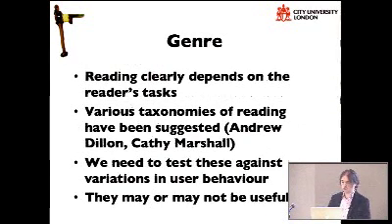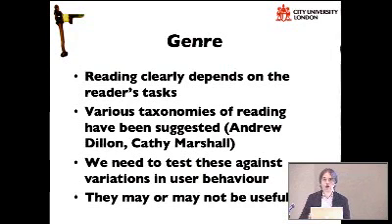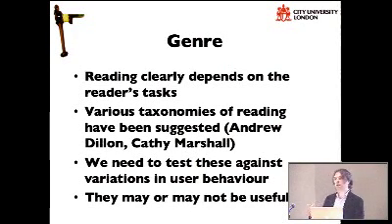And also, I think genre is an important issue here, which is the various taxonomies of reading that Andrew Dillon and Cathy Marshall and so on have applied to reading in many ways, but I think we don't yet understand how they exactly relate to user behaviour and predicting it.